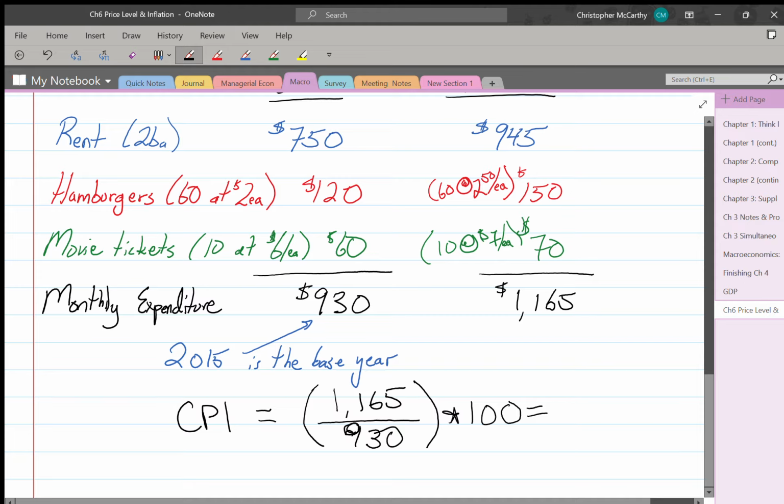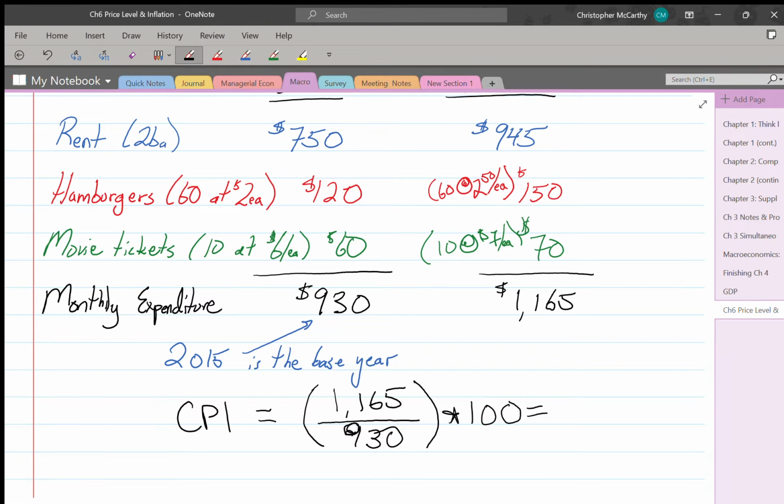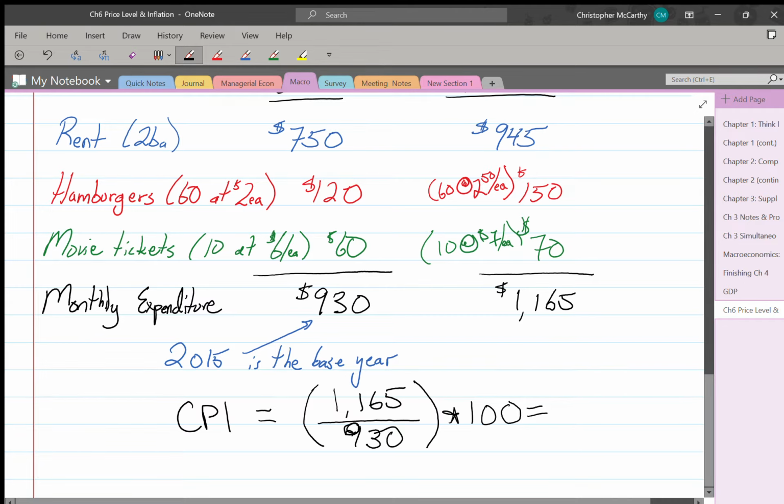So the book actually made a mistake, so let me just calculate to make sure we get the right one. 1165 divided by 930. Yeah, still the same. So we get a CPI of 1.25.